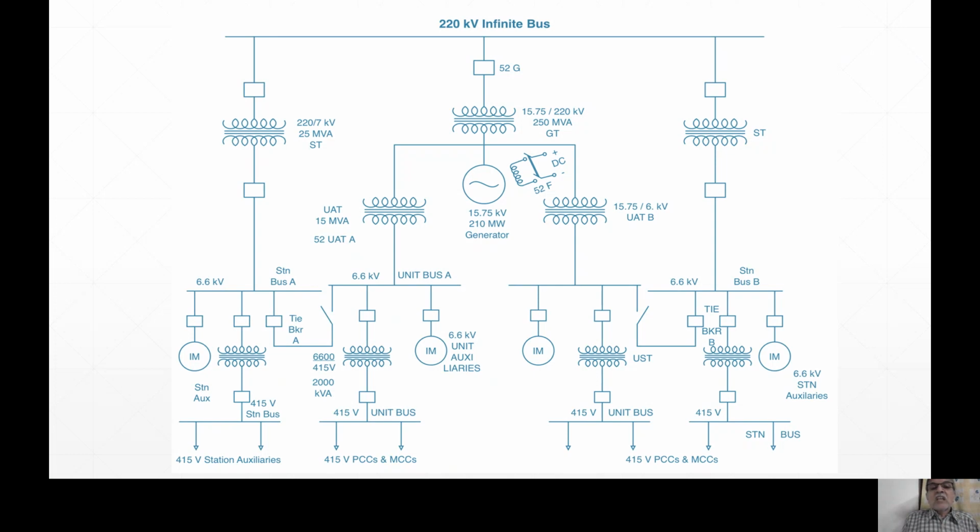It is kept running even if the plant is not working. The bearing gear motor, you have to keep it running even though the station has stopped, the generator has stopped. So the power received from station bus to unit bus is used for running these emergency auxiliaries also.